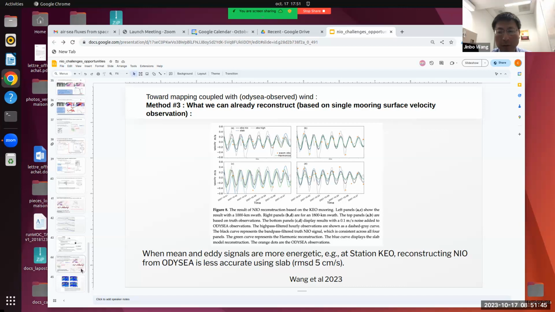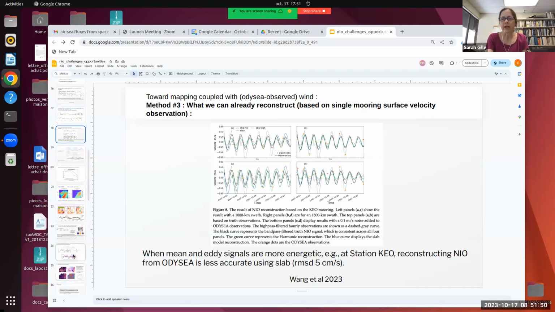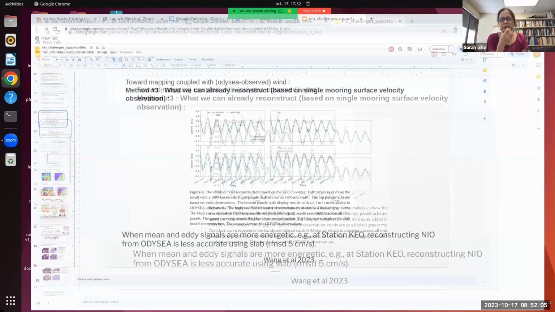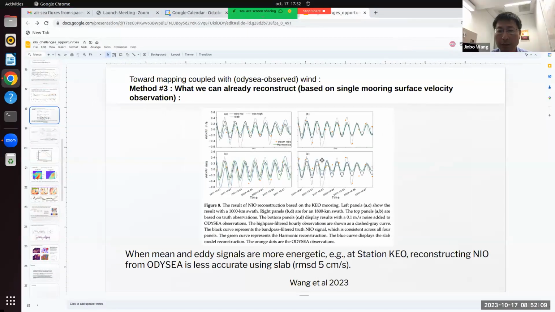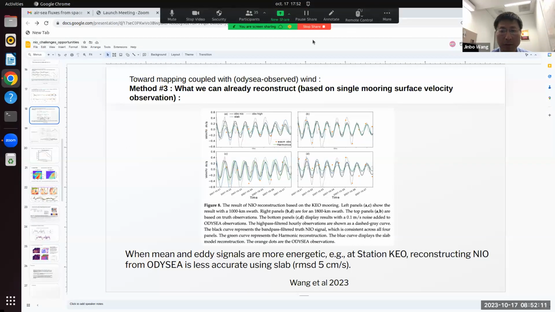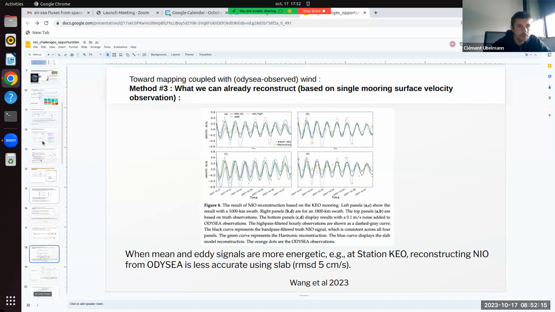Right. Sarah, there are some comments in the chat box, and there's a lot in the chat. Going back to the beginning, Shen asked about the mooring estimates that Jinbo showed: which wind product did you use to force the slab model? It was earlier, yes, the mooring that produced the surface velocity and wind, at Station Papa.